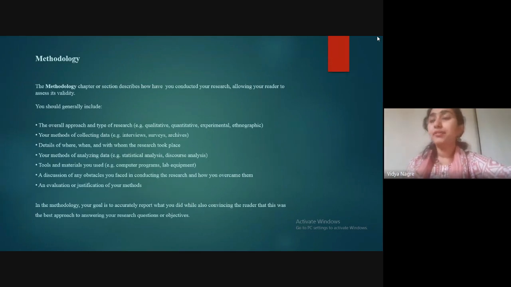You have to identify the correct methodology according to your topic and according to your discipline, because, let's say, laboratory research is very discipline specific. It is there in sciences and only in certain social sciences, right, and natural sciences.